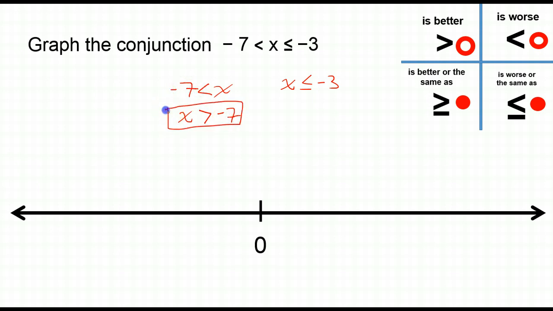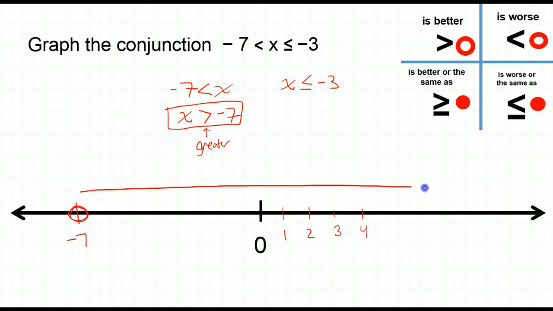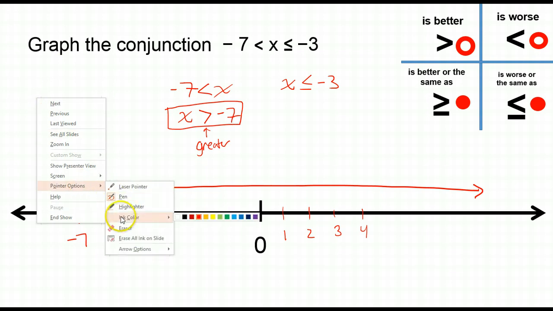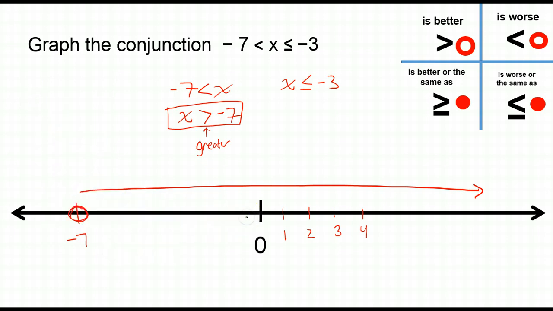So let's start with this one. Let's put -7 somewhere out here. Open or closed circle? Open. What are some numbers that are bigger or greater than -7? Pretty much any positive number, right? So any of those numbers there. All right, so let's go ahead and do -3, this one here.